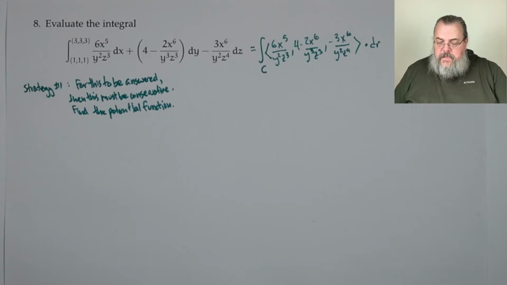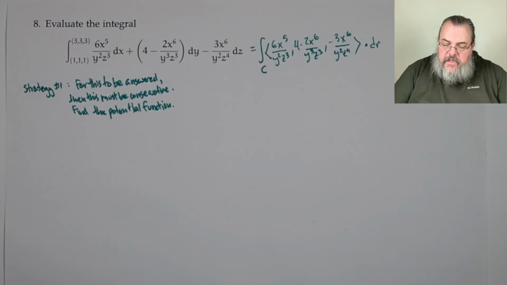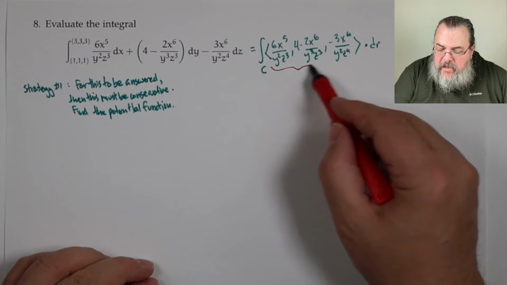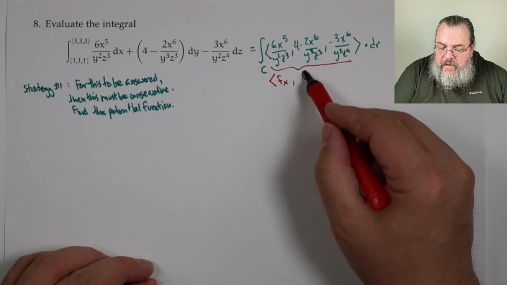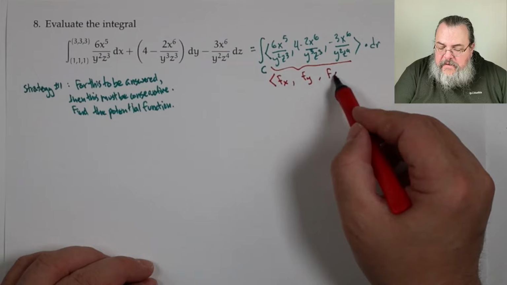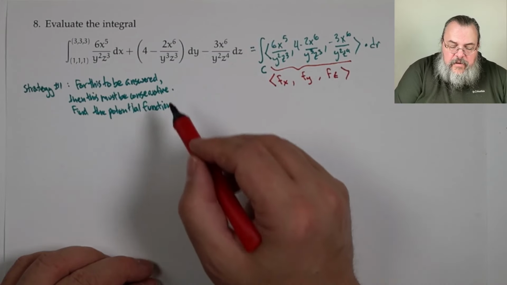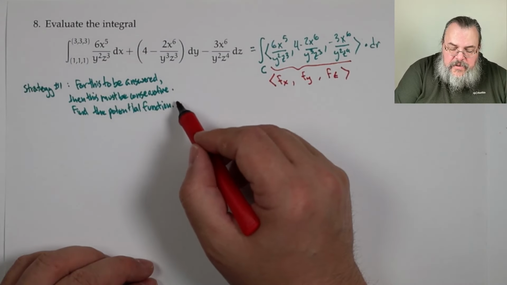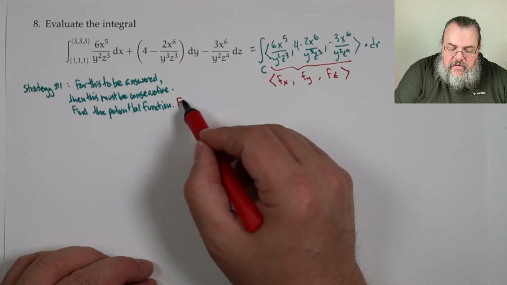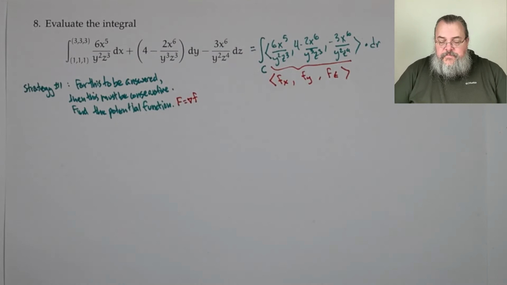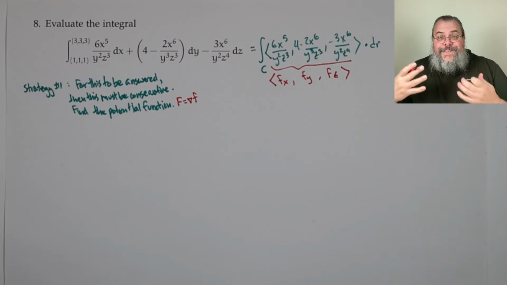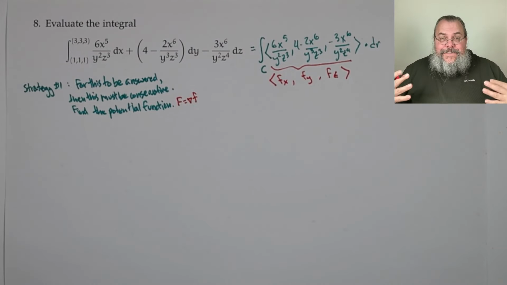The punchline here is that this has to look like f sub x, f sub y, f sub z. It's a potential function, meaning this is the gradient of some function. So we just have to reconstruct f.